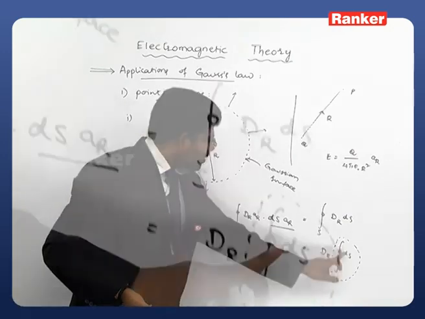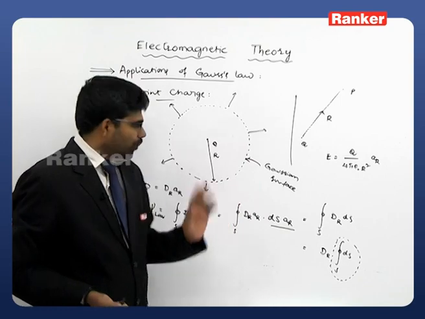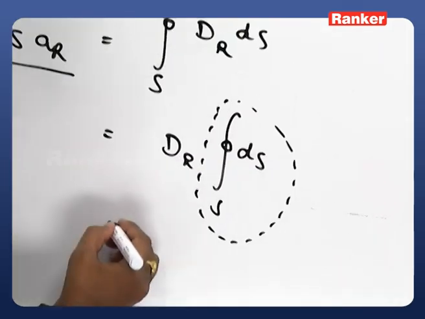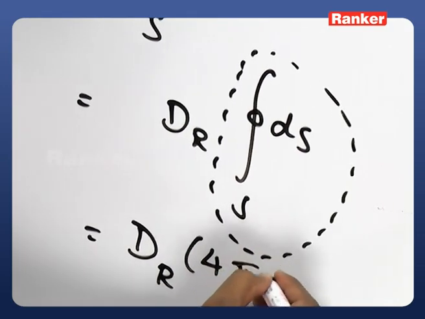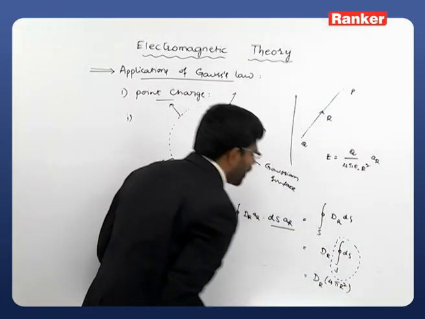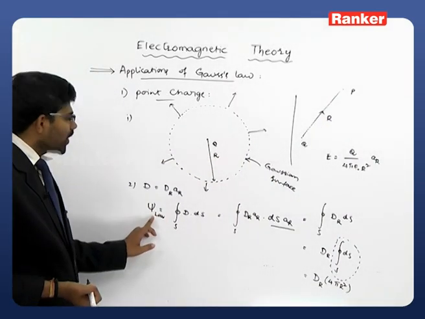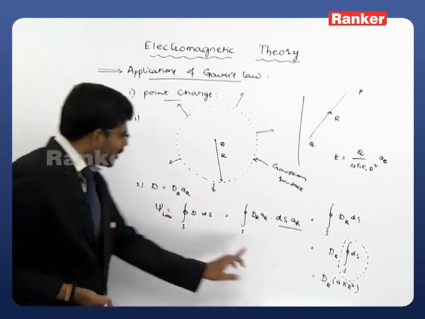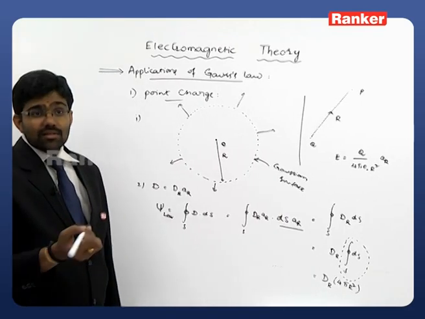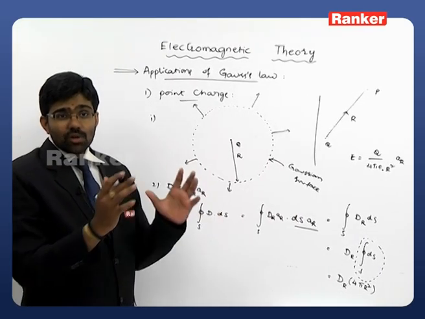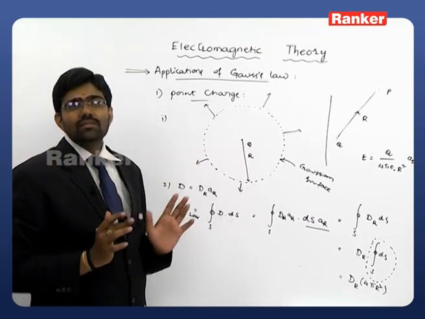That is, the surface integral of dS can be replaced with 4 pi r squared. So this can be written as D_r into 4 pi r squared. So the total flux leaving is now equal to D_r into 4 pi r squared. So that is our step 2. That is, we calculated the total flux leaving through the Gaussian surface.